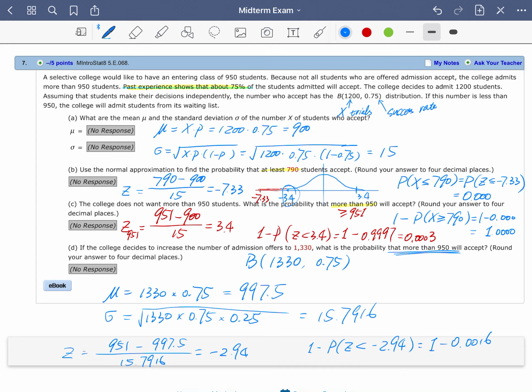Look at the z-table, which is 0.0016. So your final answer is 0.9984. Okay, so if they admit 1,330 students, there is more than 99% chance that more than 950 students will show up.